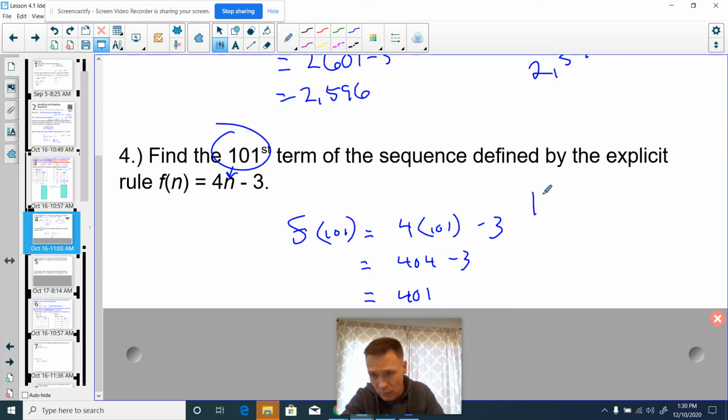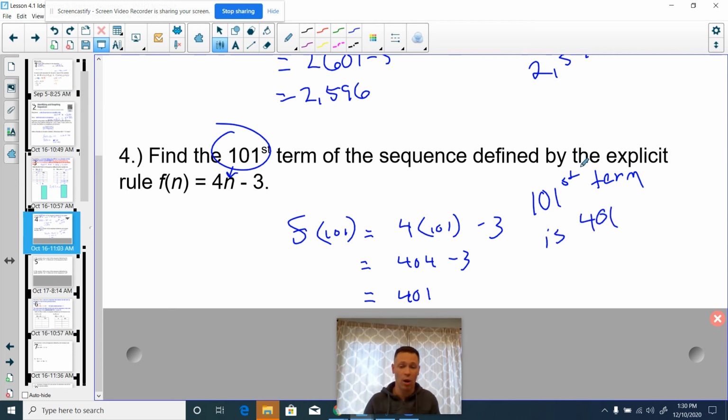So the 101st term is 401. There are 100 terms that come before that. The 101st term is 401. This is the term value.